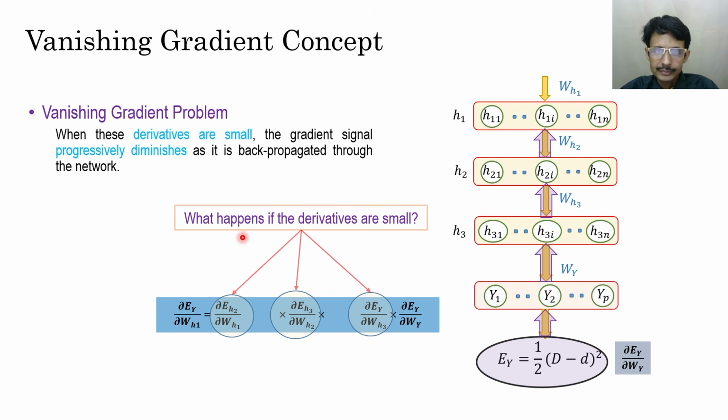So this is the normal back propagation. When these derivatives are small, the gradient signal progressively diminishes as it is back propagated. You see, if these are small values, when we propagate from here to here and reach the initial layer, the error gradient becomes very close to 0, and that is the basic problem.